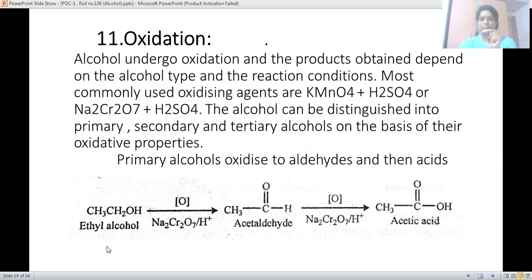So remember, if the alcohol gets oxidized in the presence of sodium chromate and sulphuric acid, acetaldehyde is released, and when the acetaldehyde is oxidized again with the same condition of sodium chromate, acetic acid is formed.